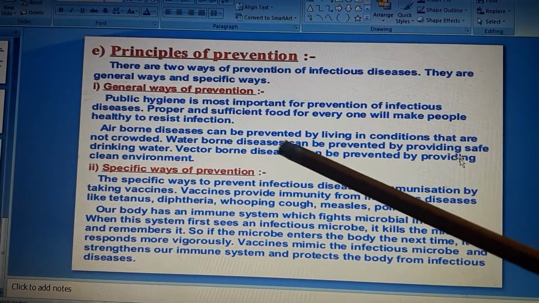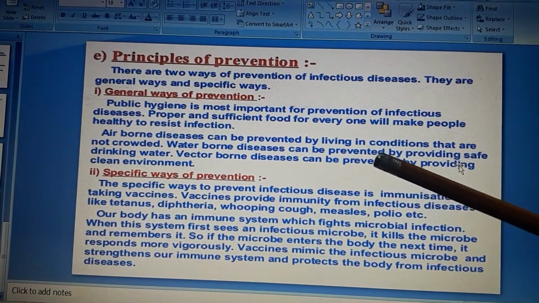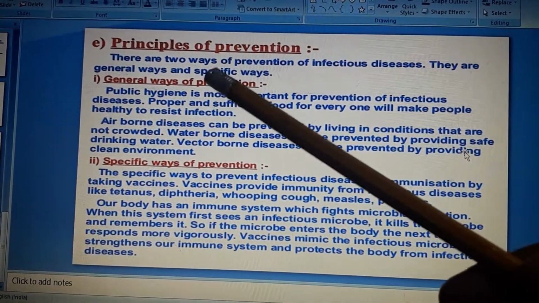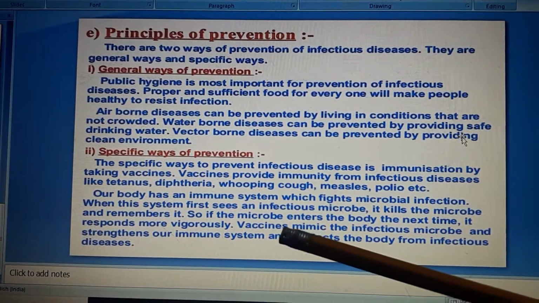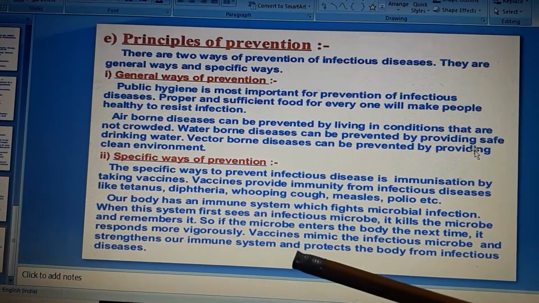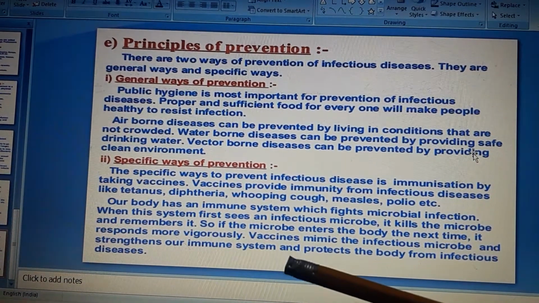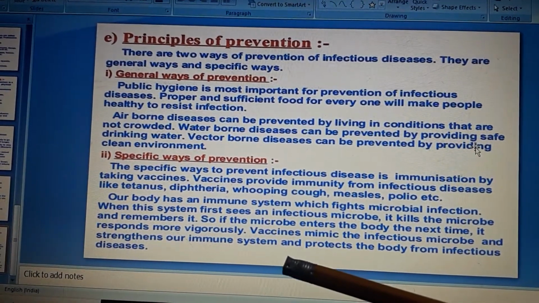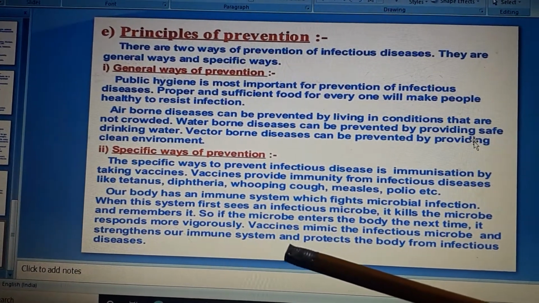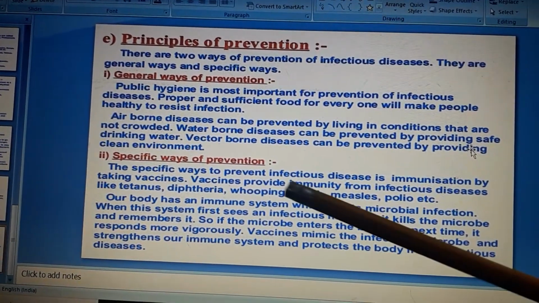Airborne disease can be prevented by living in conditions that are not crowded. COVID-19 is also an airborne disease, due to which we are living in isolation and staying home, and so we are still safe from the spread of this disease.